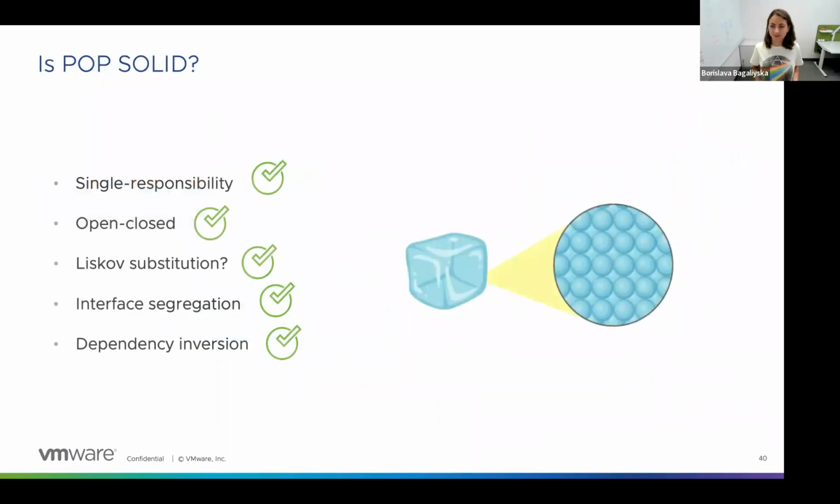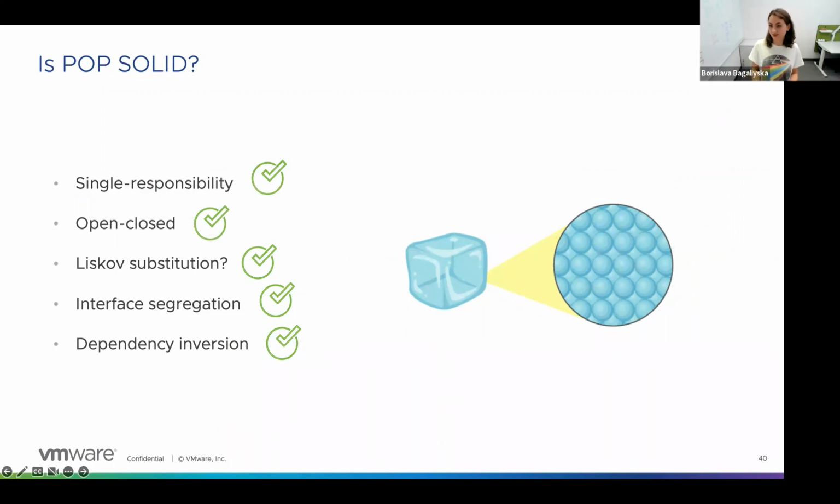And when we talk about object-oriented and what's good about it, often we mention the SOLID principles. And it turns out that POP actually also might follow them. So the single responsibility one is that every part of the application should have a single responsibility.